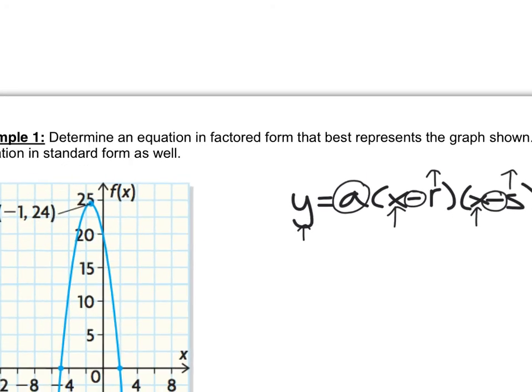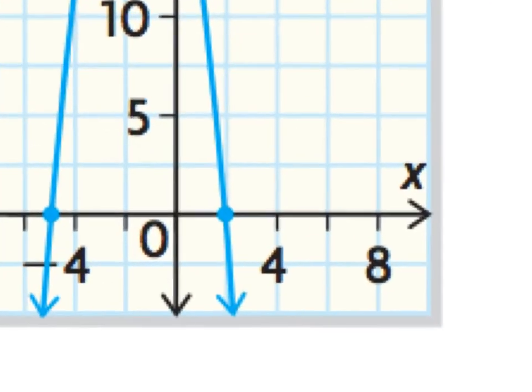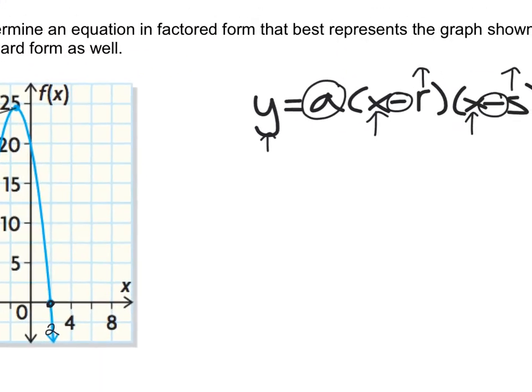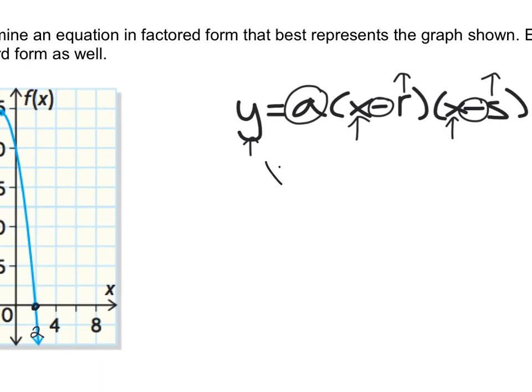So step number 1 is going over and identifying our x-intercepts. So for these two x-intercepts, highlight them. You'll have one of them at -5 and the other x-intercept at +2. So these two x-intercepts, I'll start off by writing what they are. The x-intercept, one of them is at -5.